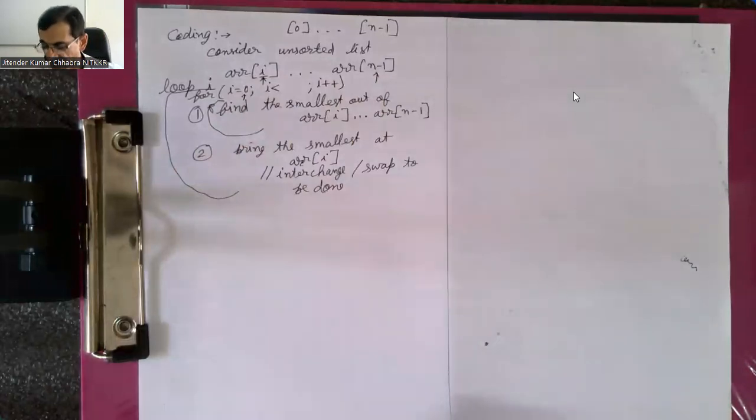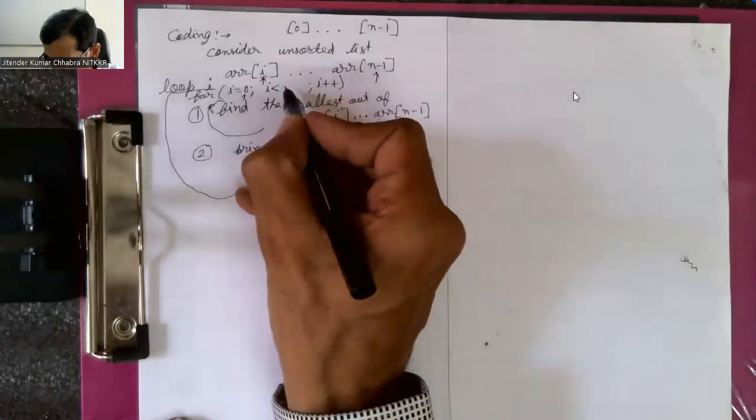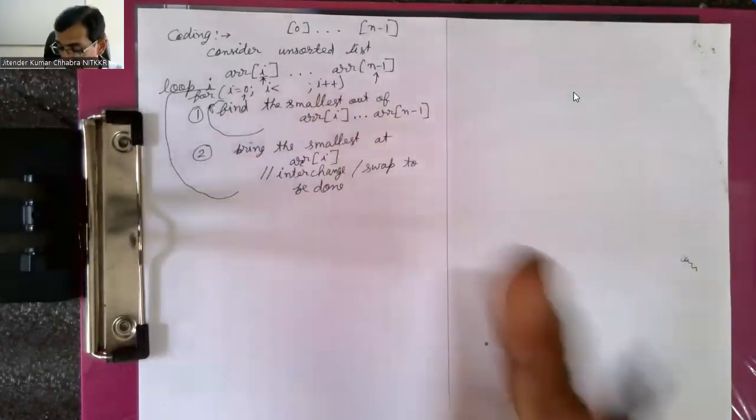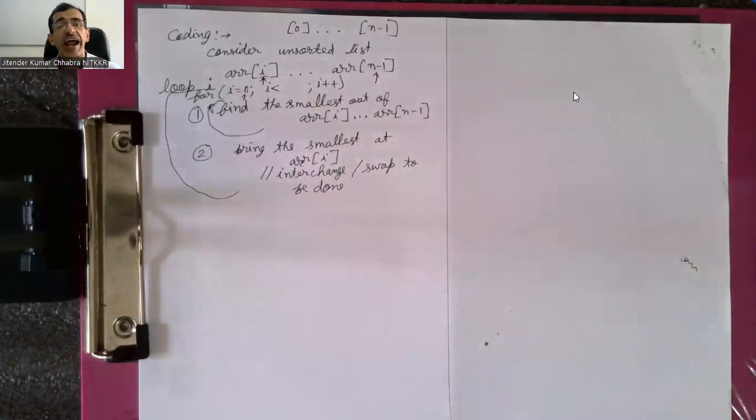What will be the final step? Of course, one thing you could easily say is something related to n minus 1 or something similar to that. So you can even write less than or less than equal to n minus 1 or something like that. You have to think about it. The only point which I'll extra add is that at the end, if the unsorted list has only one element, there is no further need to do anything.